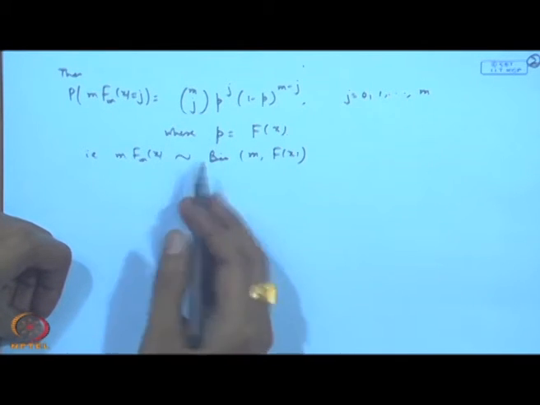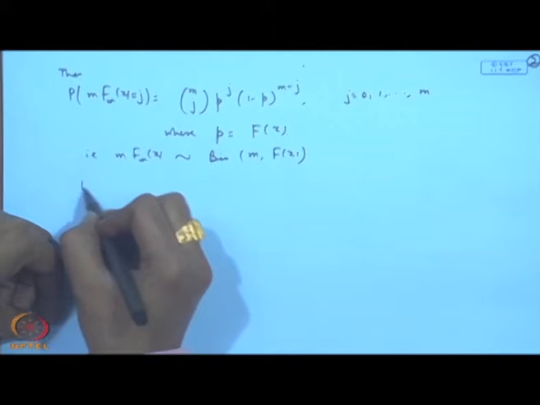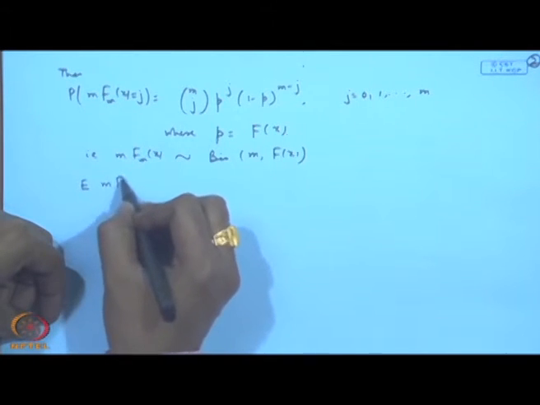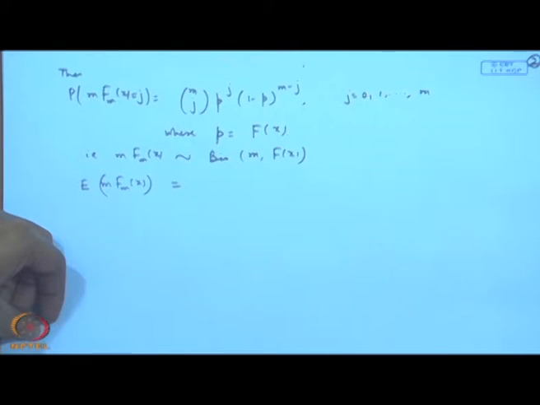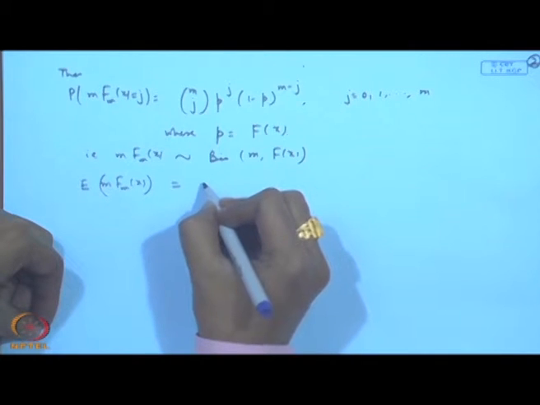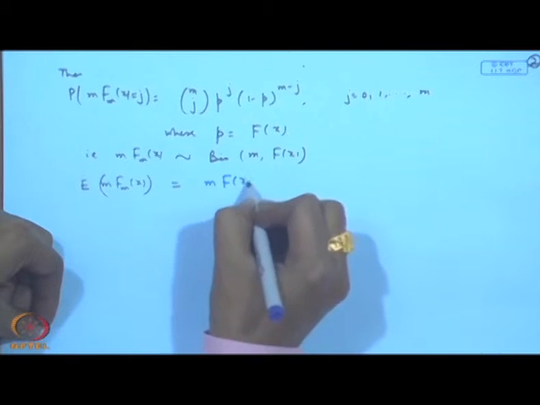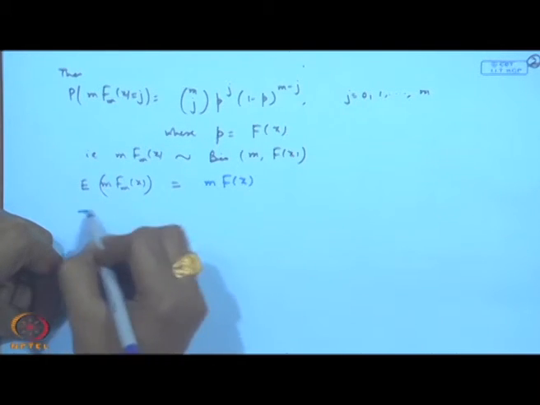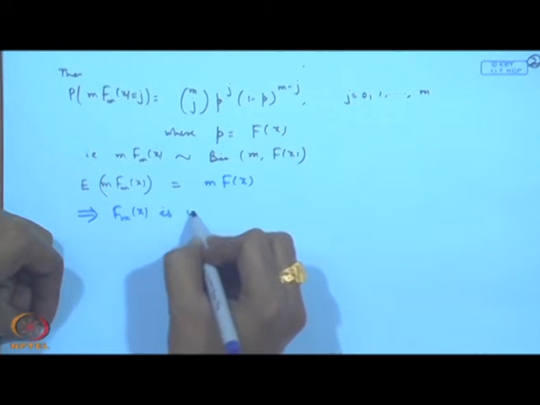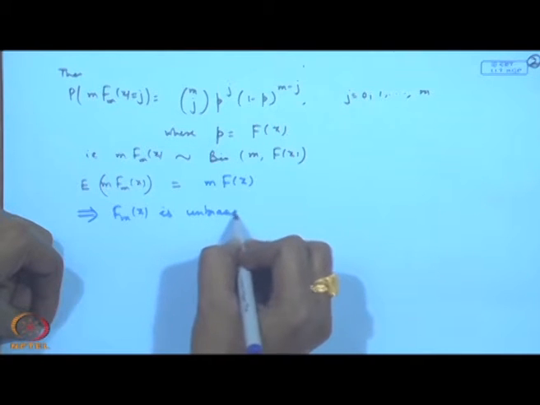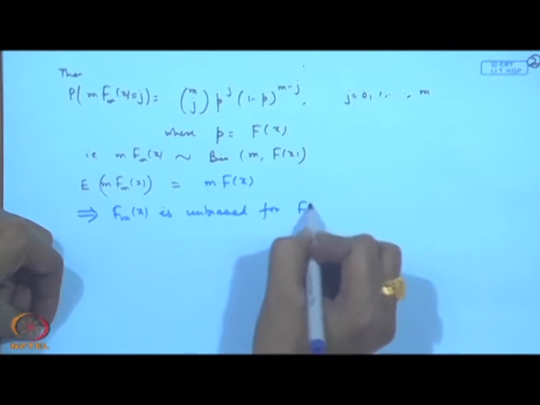Now, based on the binomial distribution, you have some simple properties. For example, what is the expectation of m Fm(x)? That is equal to m times F(x). So, this means Fm(x) is unbiased for capital F(x).